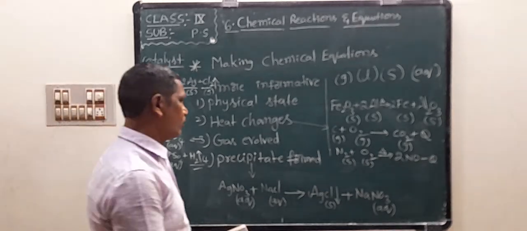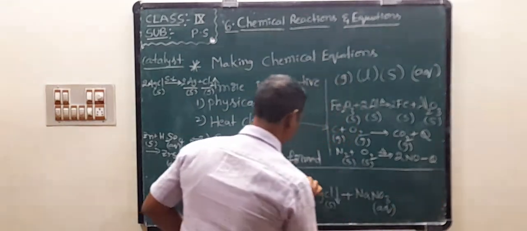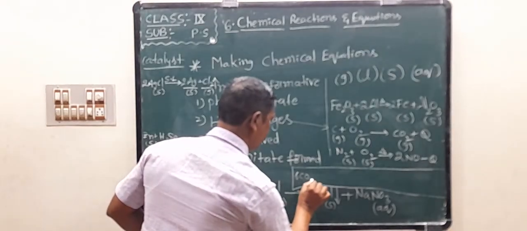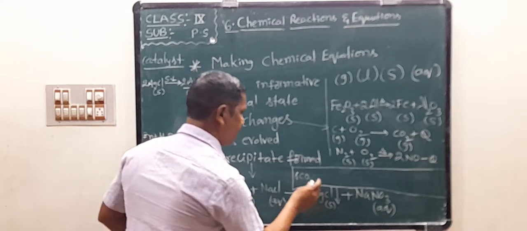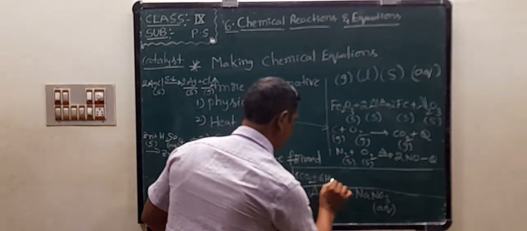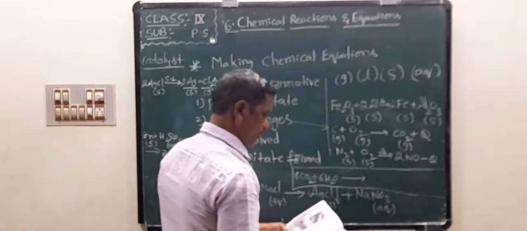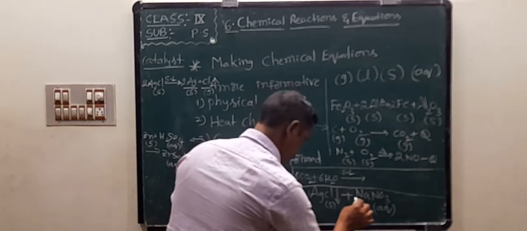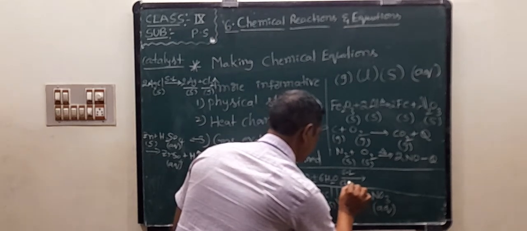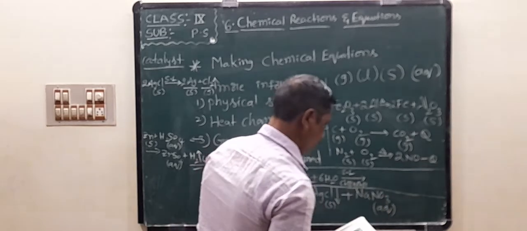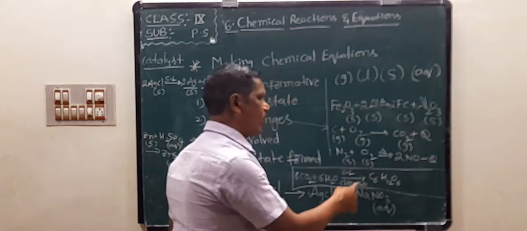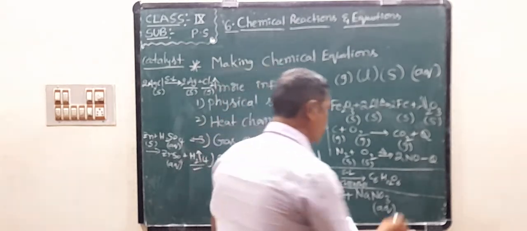Another example: 6CO2, 6 molecules of carbon dioxide, plus 6H2O gives rise to, with sunlight and chlorophyll, C6H12O6, the formula of glucose, plus 6O2.